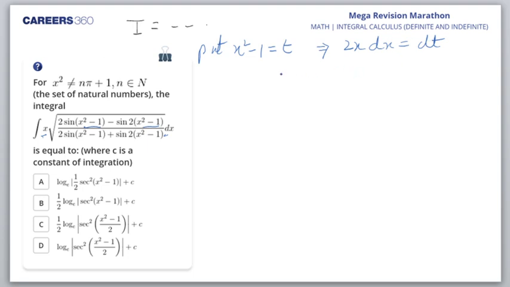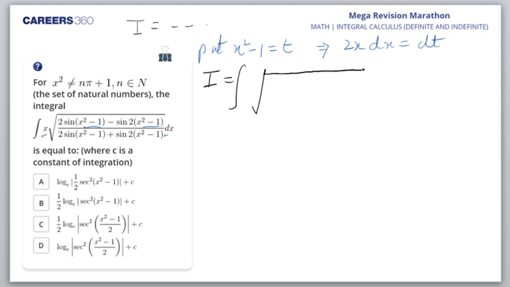Okay. So I'll write the integral now. Now x dx would be written as dt by 2. So half is there, dt by 2 I'll write later.